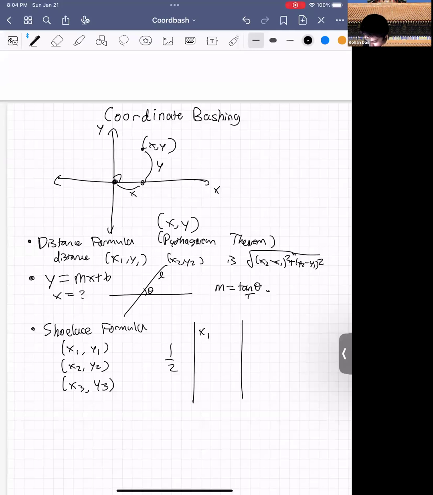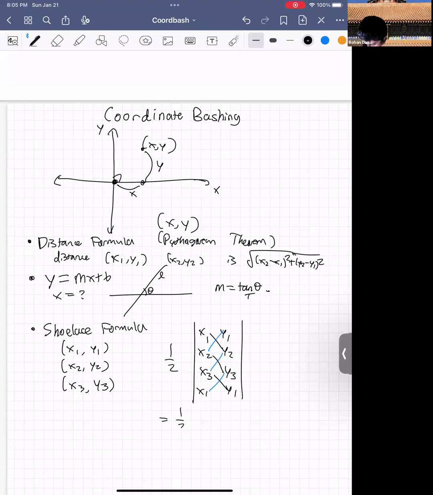So we write x1, y1, x2, y2, x3, y3, and then x1, y1 again at the bottom. How we compute this is by taking pairs x1y2, x2y3, x3y1, which go one right and one down, and those have positive terms. Then the things that go one right, one up are counted as negatives.